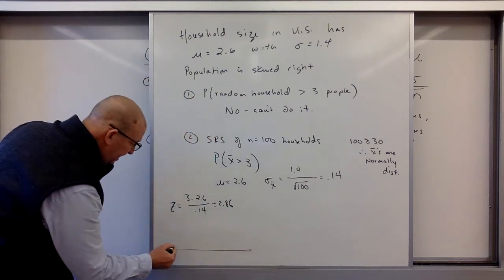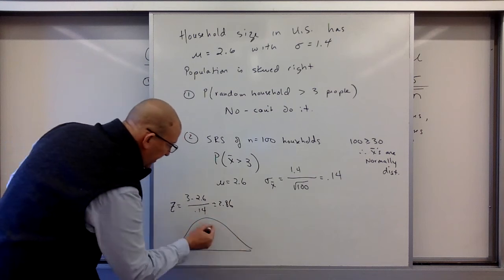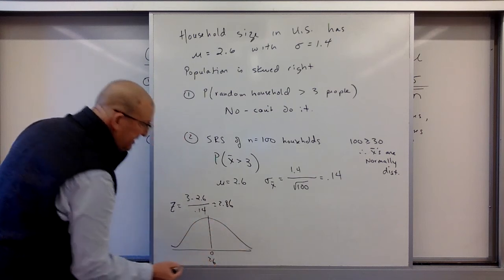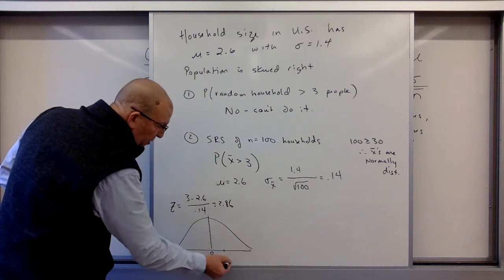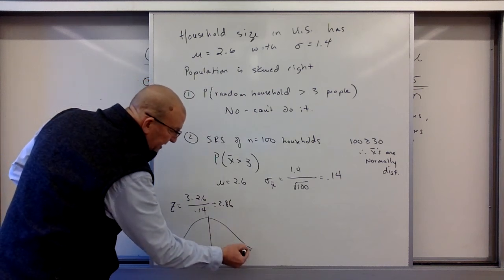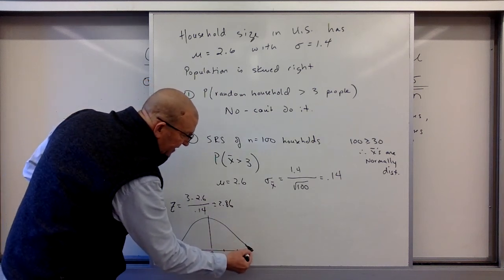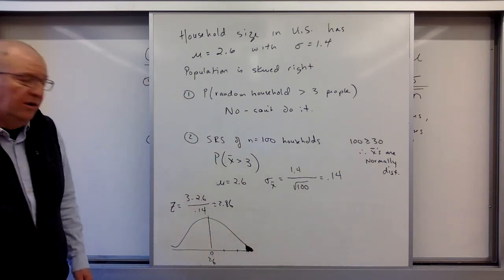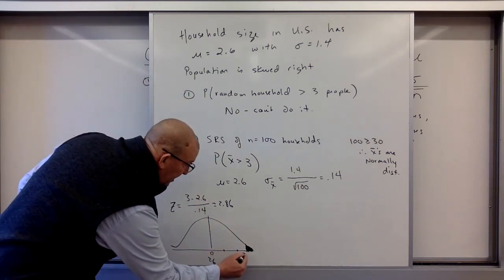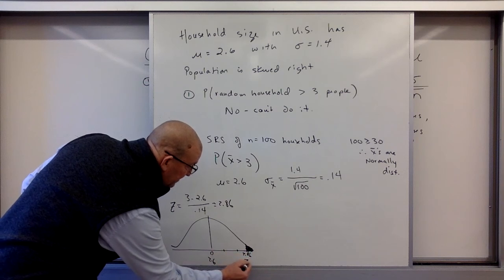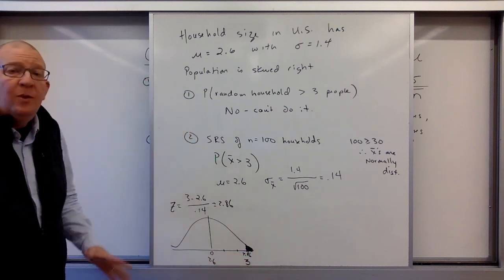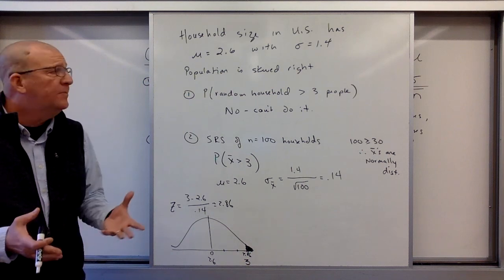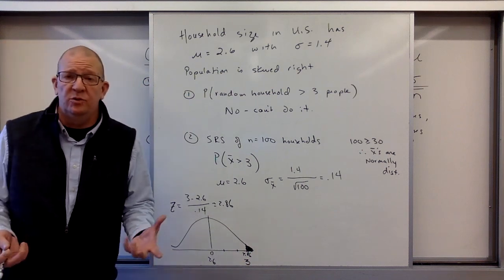Here's my mean. That's 0, which corresponds with 2.6. Now, 2.86 is going to be way up here. 1, 2, 3. And I'm looking for this little region out here, the region above 2.86, which corresponds to 3. So in this sample of 100, what's the probability that the mean will be more than 3?